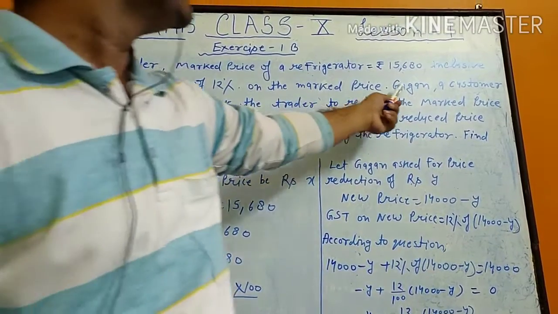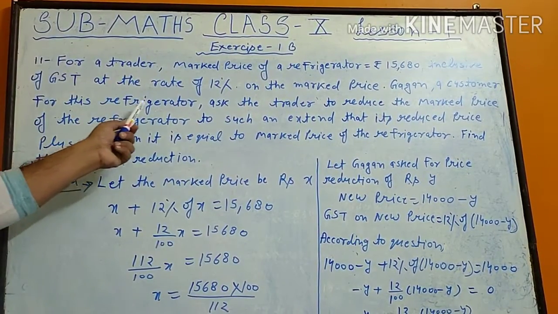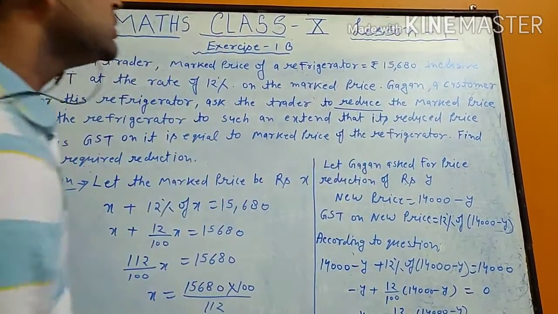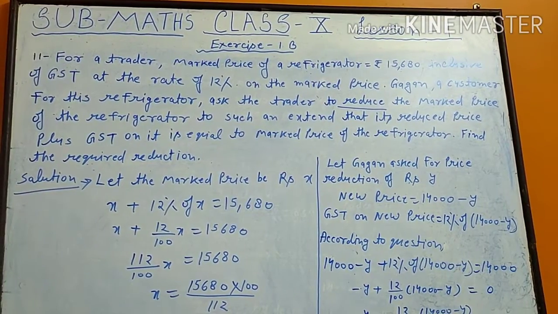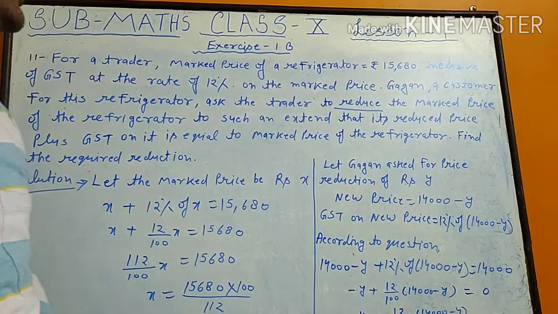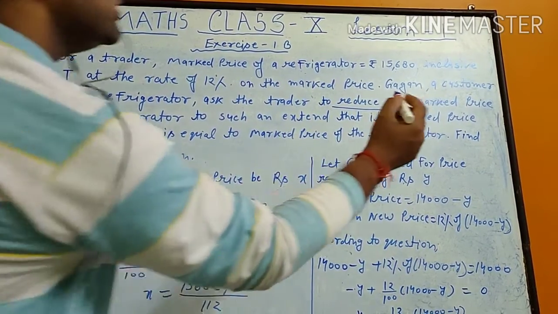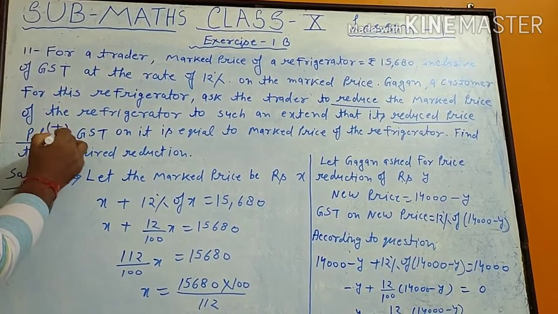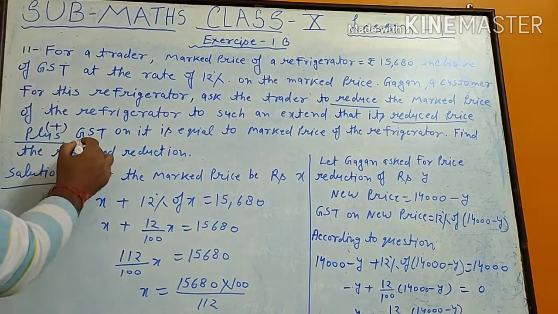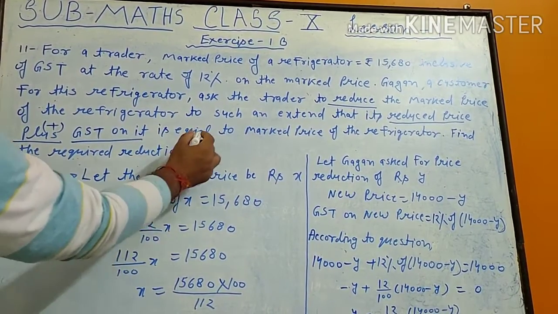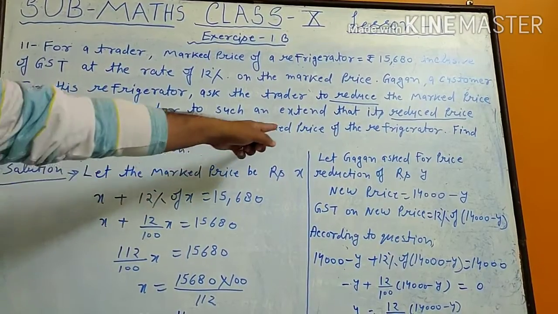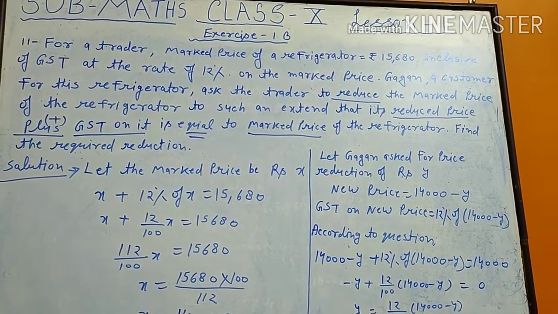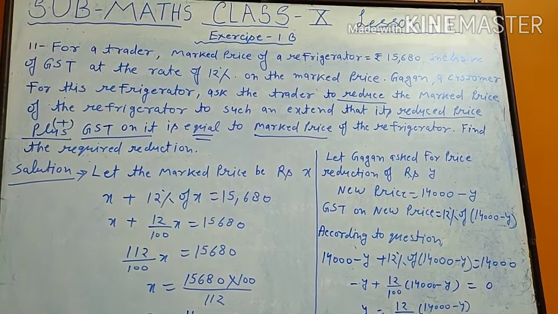Gagan, a customer for this refrigerator, asked the trader to reduce the mark price of the refrigerator to such an extent that its reduced price plus GST on it is equal to the mark price of the refrigerator. Find the required reduction.